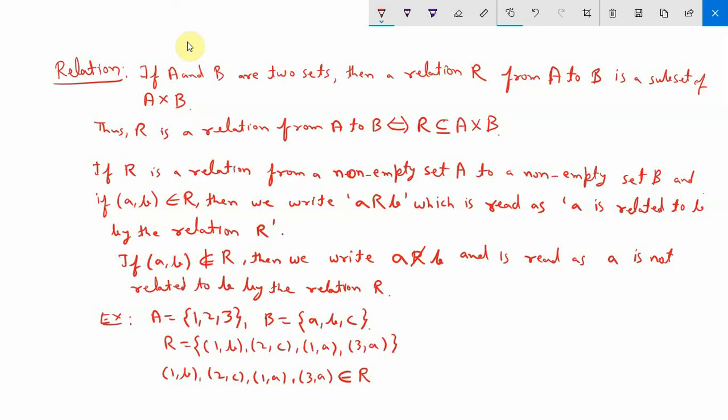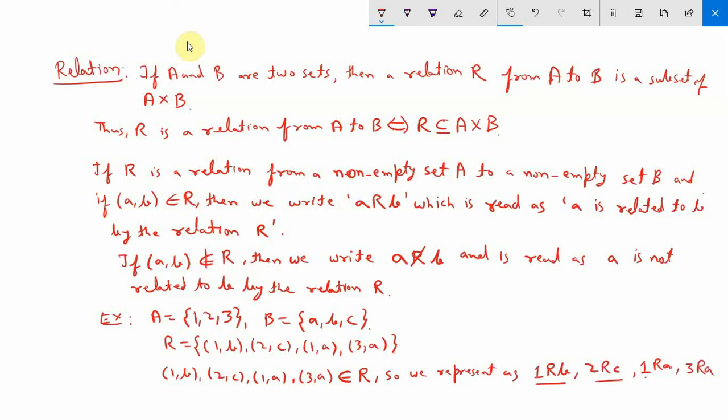And we represent this as 1Rb. It is defined by relation R. 1 is related to b by the relation R, then 2Rc, 1Ra, and next one 3Ra.